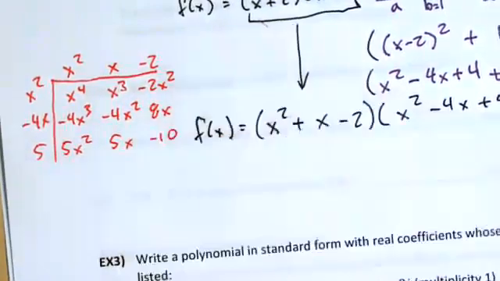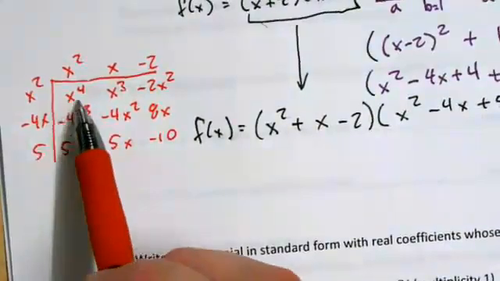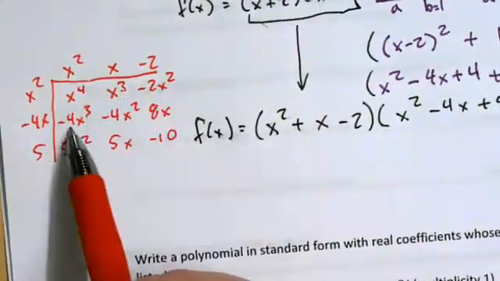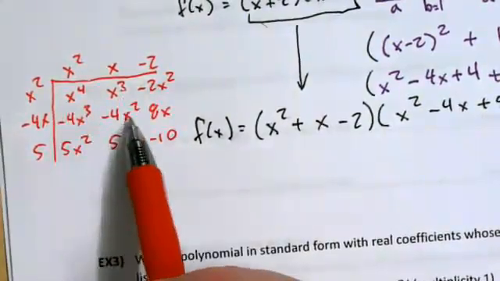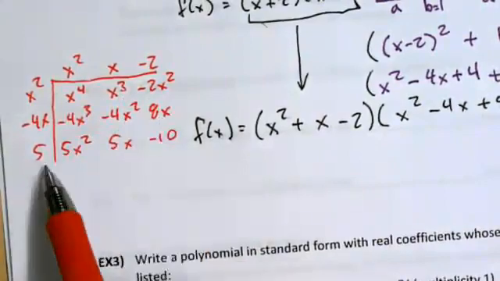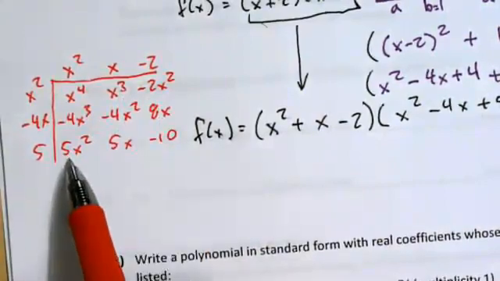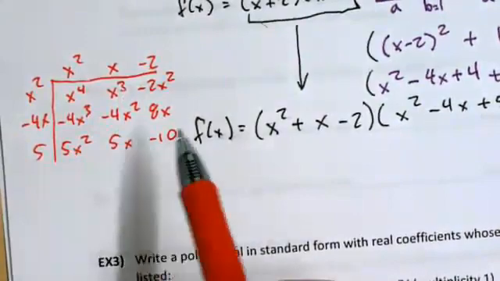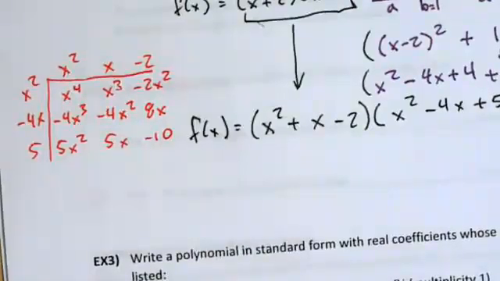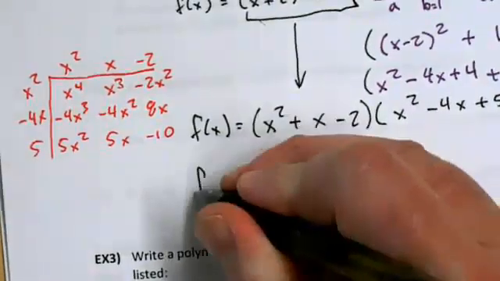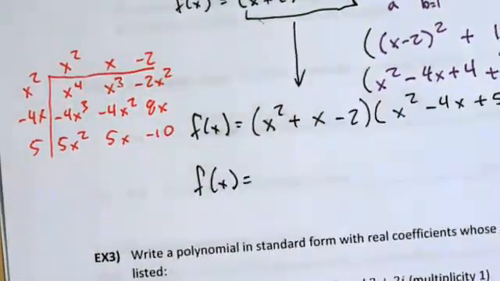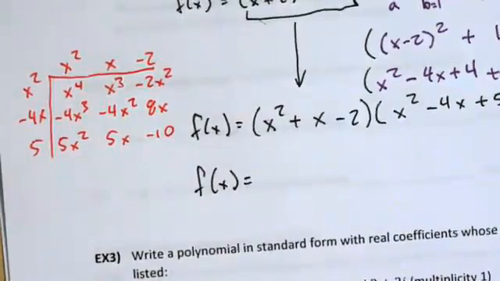This is tedious. Not terribly difficult though. Okay, feeling pretty good there. And then we'll look for some like terms that we can combine together as we write our final polynomial.